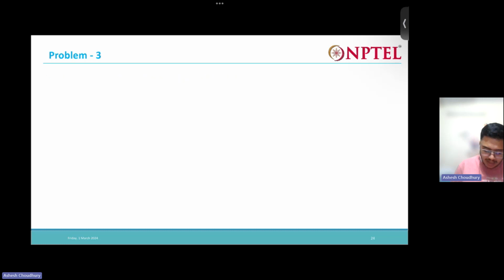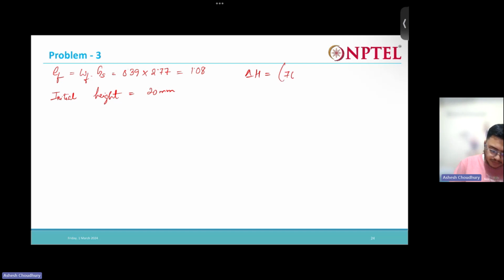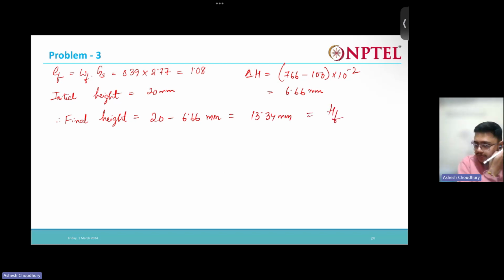So how to calculate the change in height from beginning to end? That is 6.66 mm, right? Therefore the final height is nothing but 20 minus 6.66 mm, that is 13.34. This is the final height, that is our HF.